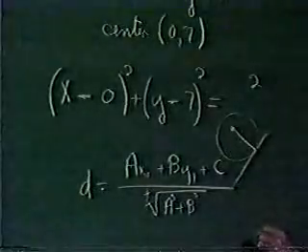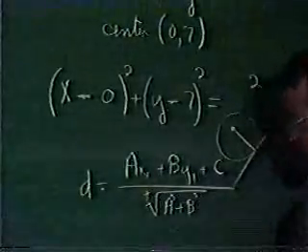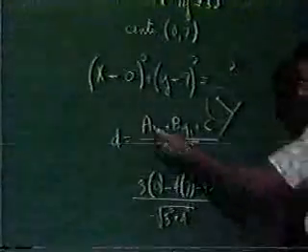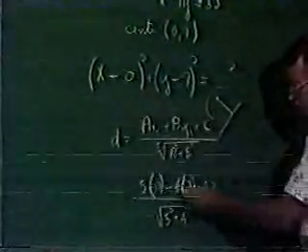All right? So the line is 3x, so that'll be 3 times the point's x, which is 0. Minus 4, the point's y is 7. Minus 32, over minus the square root of 3 squared plus 4 squared.